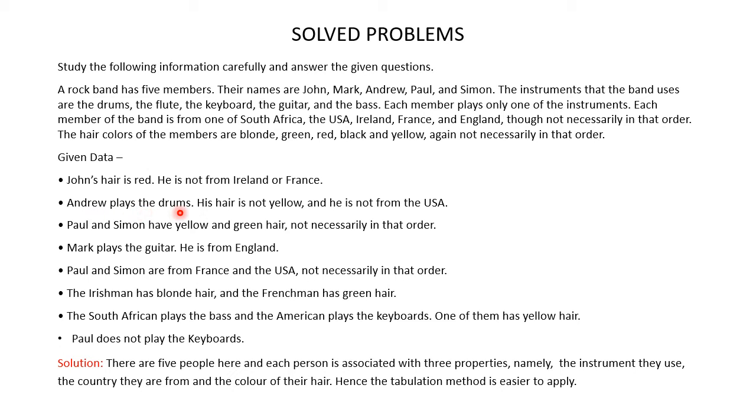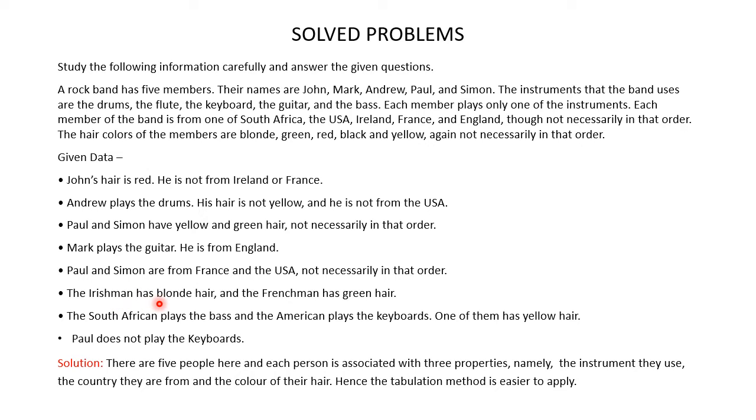Andrew plays the drums. His hair is not yellow and he is not from the USA. Paul and Simon have yellow and green hair, not necessarily in that order. Mark plays the guitar. He is from England. Paul and Simon are from France and the USA, not necessarily in that order.